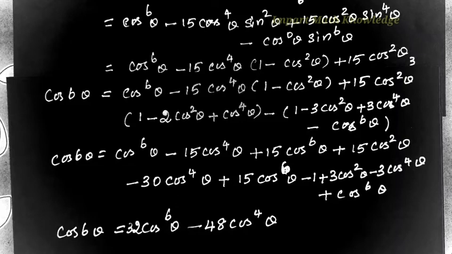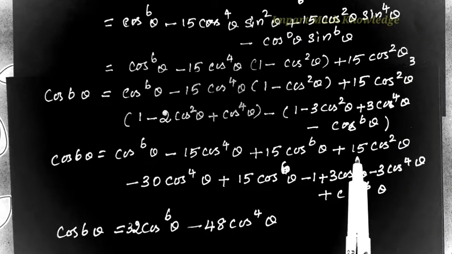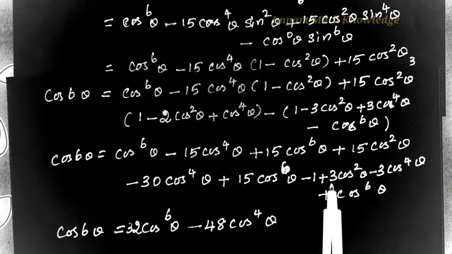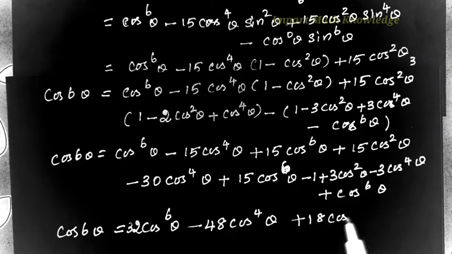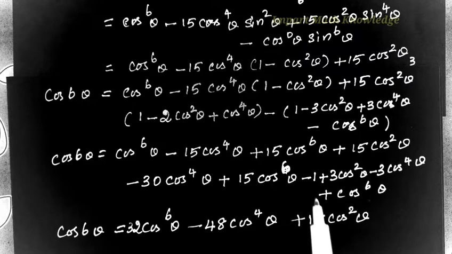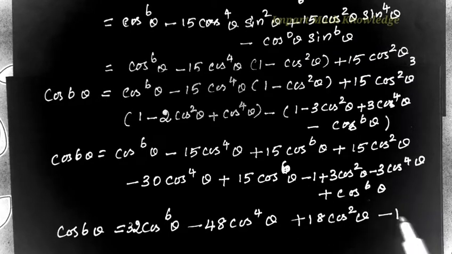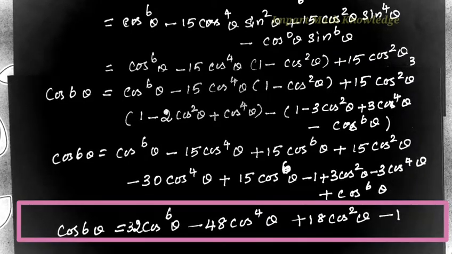Next you go for power 2. 15. Here you have 3, so 15 plus 3 is 18, plus 18 cos square theta. The constant term is minus 1. So cos 6 theta is equal to 32 cos power 6 theta minus 48 cos power 4 theta plus 18 cos square theta minus 1.